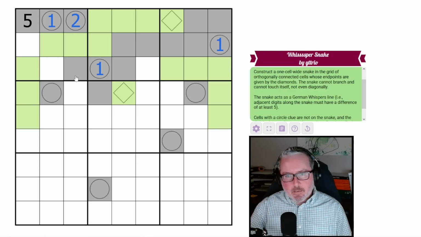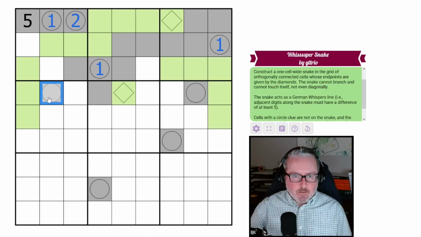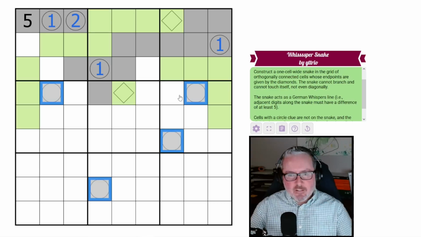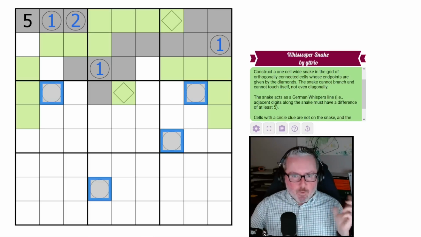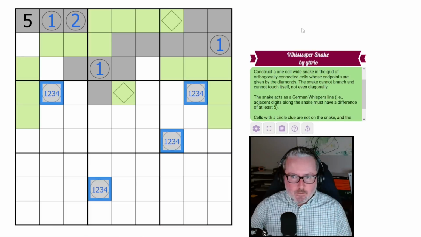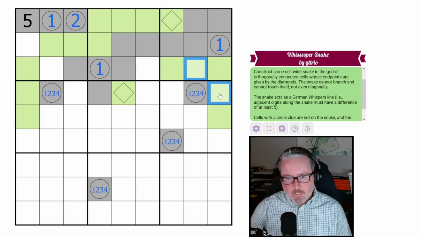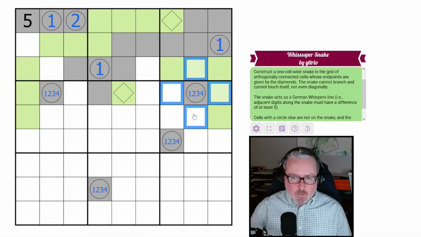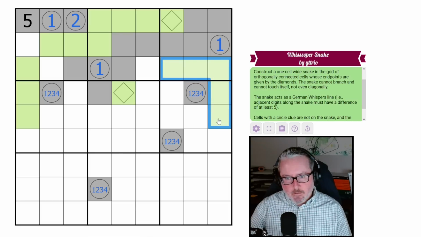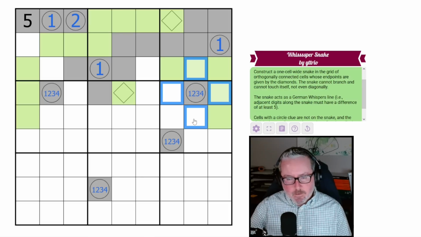Now, what I was about to say on these circles is we know that all of these at most could ever be 4, because only 4 cells could ever orthogonally touch these guys. And I think we can actually remove 4 from the equation. I'm going to put it in, because if this was a 4, it means all of these are snake, I should say.